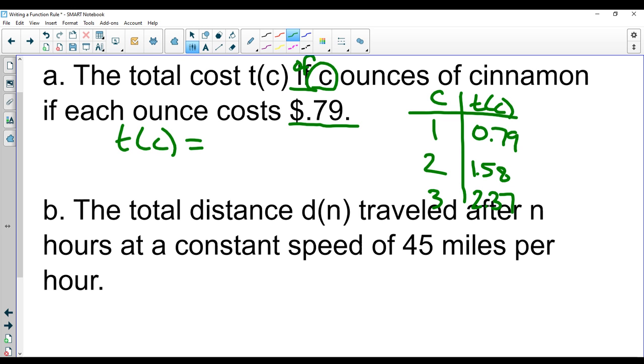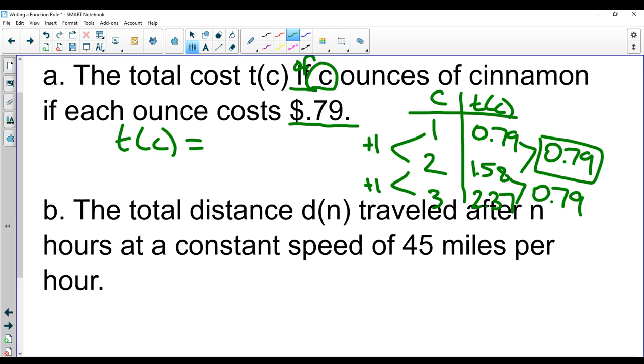And then you could do what we just did with tables. There's a difference of 1 here, difference of 1. This is 0.79, this is 0.79. So then you would have 0.79 over 1, then you'll get 0.79c as the function.